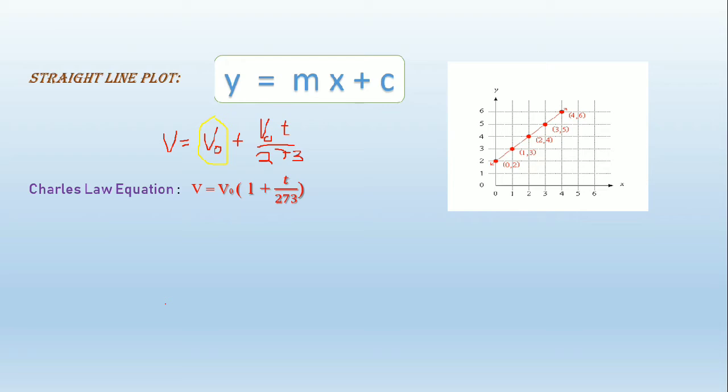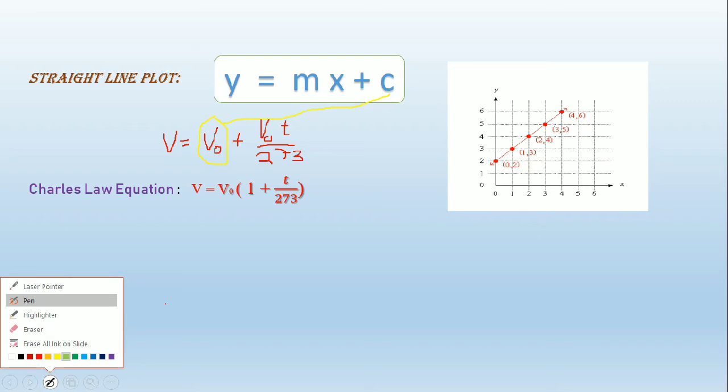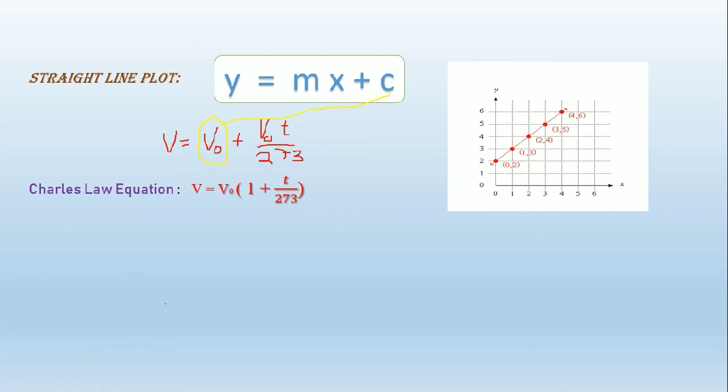So this V0 resembles our C. And I had told you that this M that we have in here is also a constant.